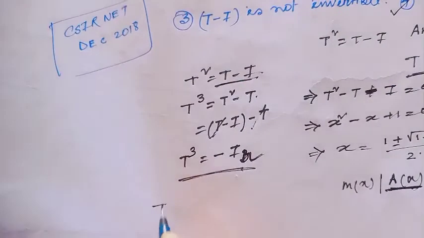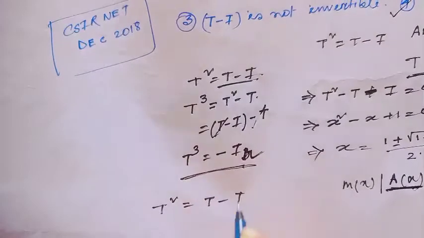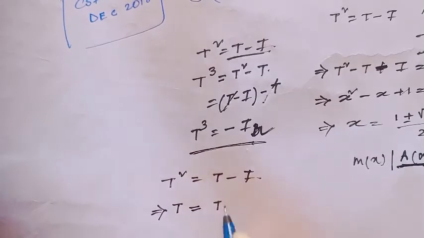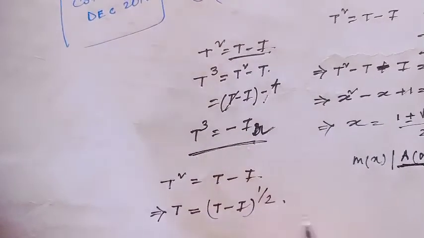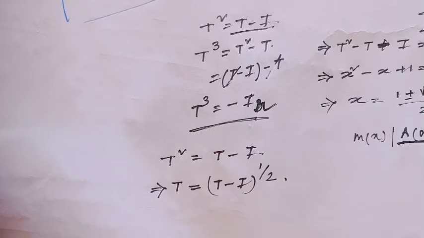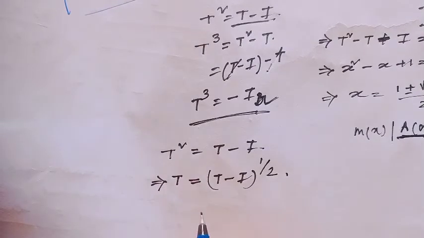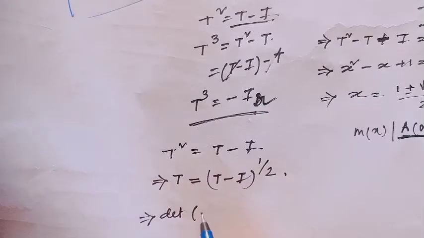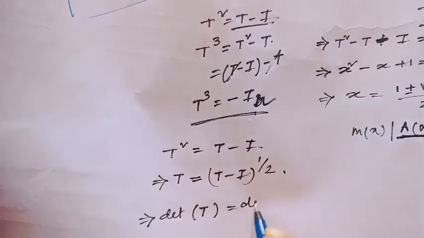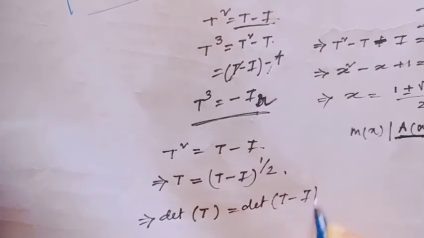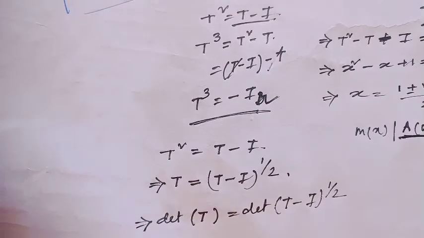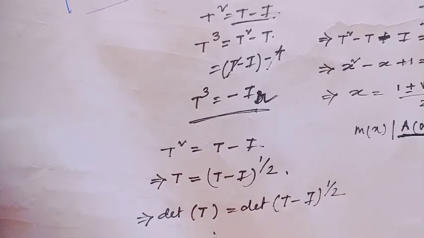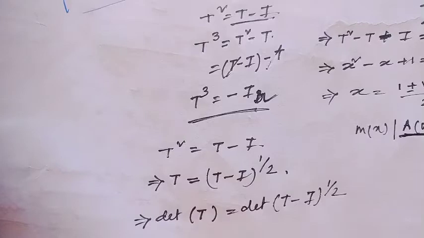Option 3 says T minus identity is not invertible. Since I have got T square equal to T minus identity, we can write T equal to T minus identity to the power half. Now apply the determinant on both sides. Determinant of T equals determinant of T minus identity to the power half, and since the eigenvalues of T are non-zero, the determinant of T is obviously non-zero.